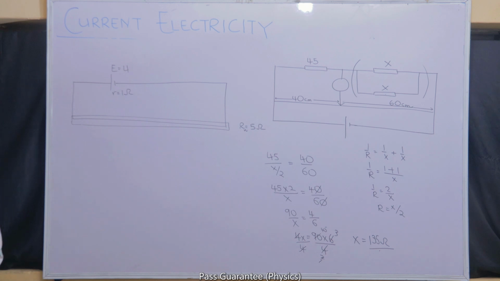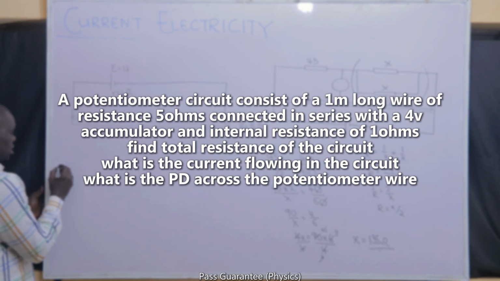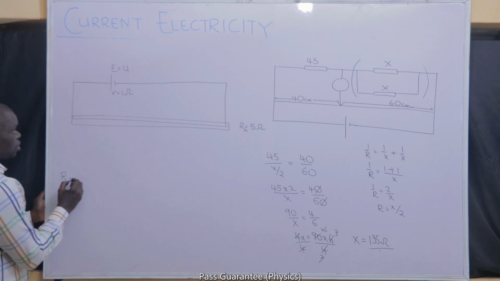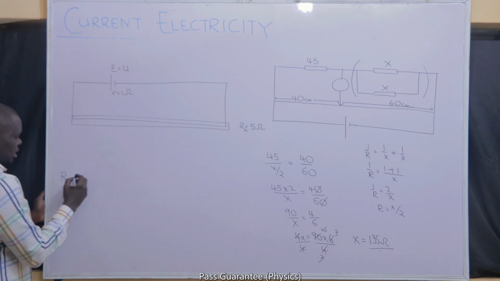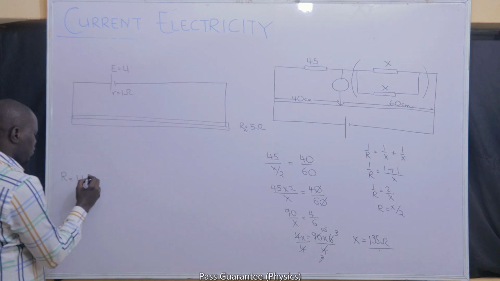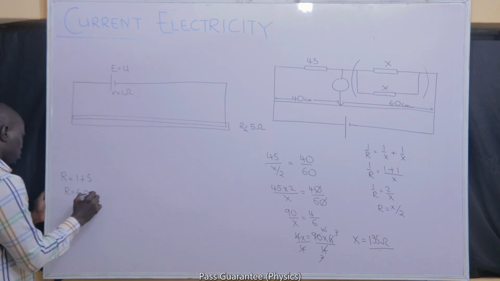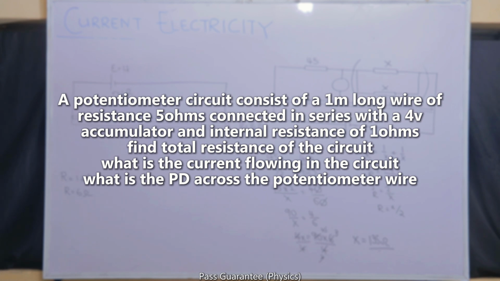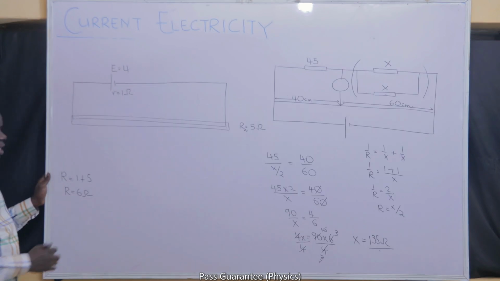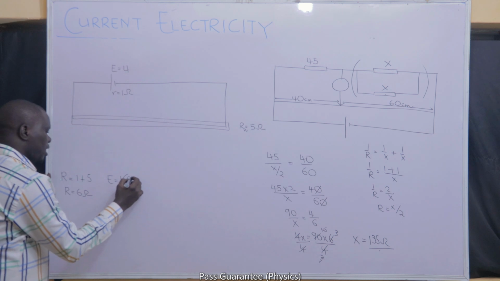The first question is, we should find the total resistance of the circuit. The total resistance of this circuit must be equal to the internal resistance 1 plus the resistance of the wire 5. And the total resistance is equal to 6 ohms. What is the current that is flowing in the circuit? We use the formula E is equal to I open bracket R plus r.